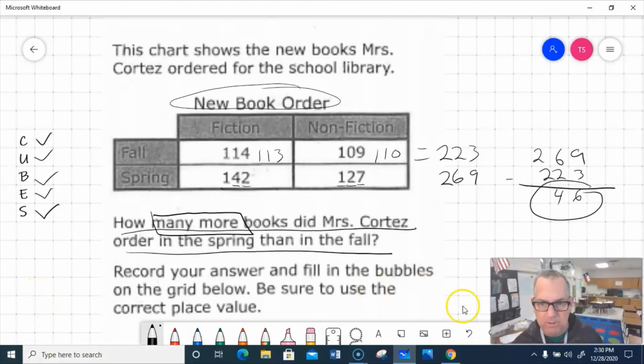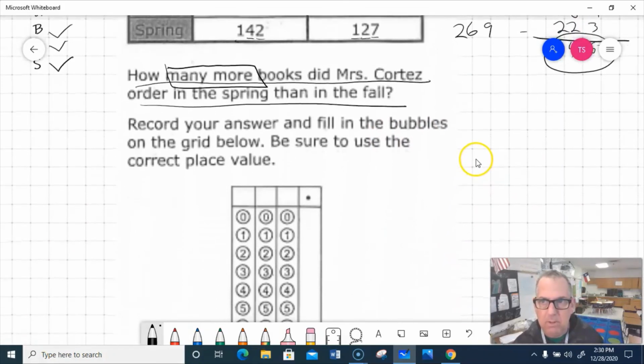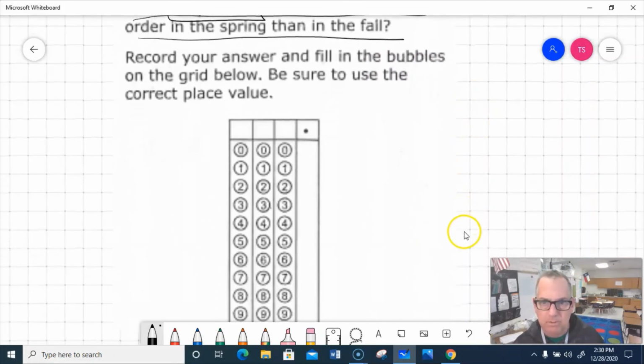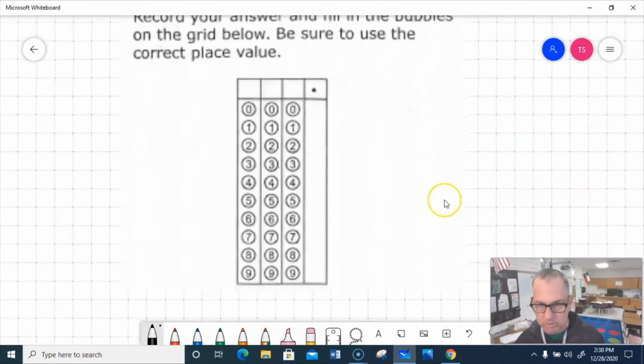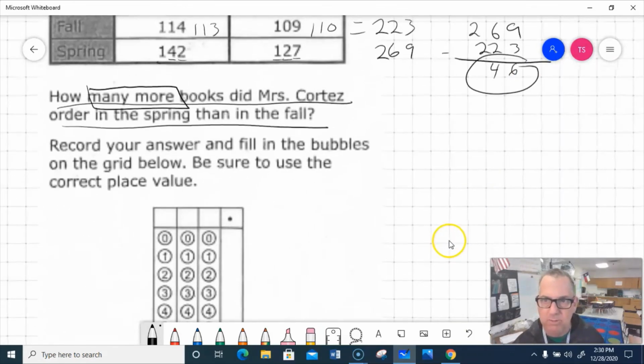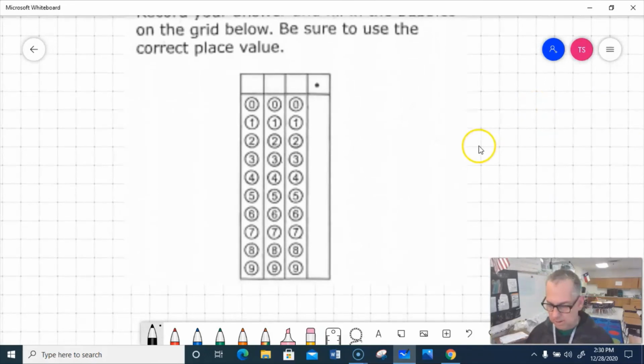Another important thing is when we're doing gridables, we see gridables a lot, and I see third graders mess up on them all the time. So 46, don't check that, 46 was my answer. To do that, I would put the 4 in the tens place, which is right here, and the 6 in the ones place. And then I would bubble in the 4 directly below it. When I bubble it in, I want to make sure I take my time.